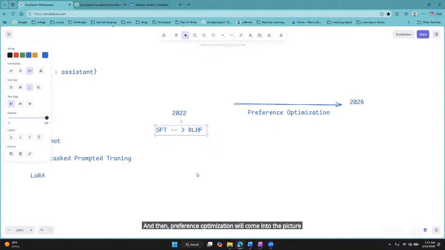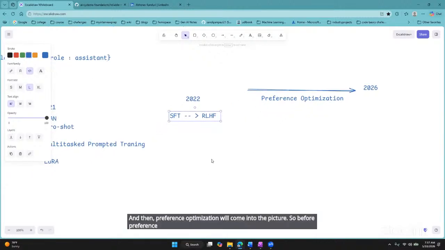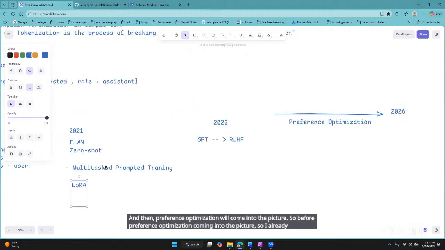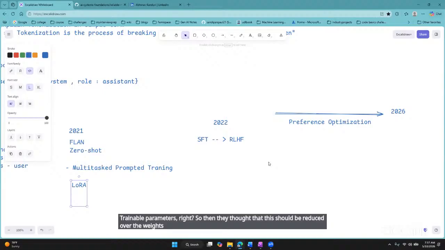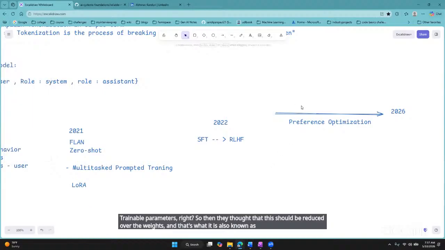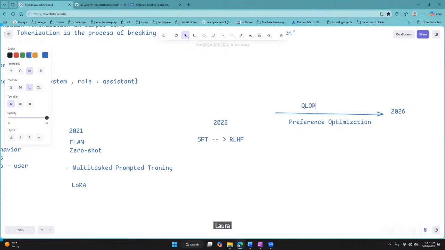Before preference optimization came into the picture, I already discussed that LoRA is a parameter-efficient fine-tuning technique that reduces the trainable parameters, right? Then they thought this should be reduced over the weights, and that is also known as QLoRA, quantized LoRA, where you are reducing the bit sizes also.